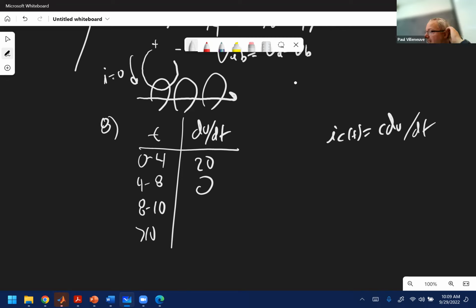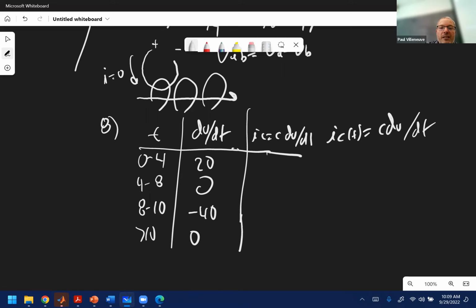From 8 to 10, it's a negative number because it started at 80 and then it went down to 0. So it's minus 80 divided by 2, minus 40. And anything greater than 10, it's 0. There's no data. So at this point, you should be able to do i_C equals C dv/dt, knowing that the capacitor is 0.2 farad.